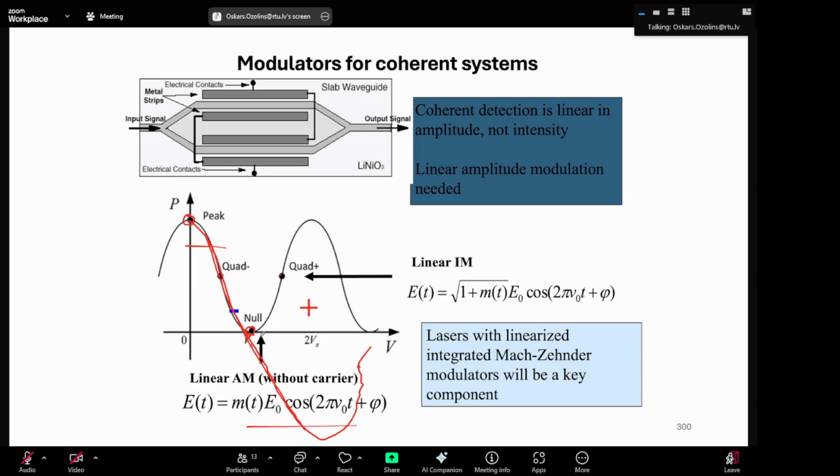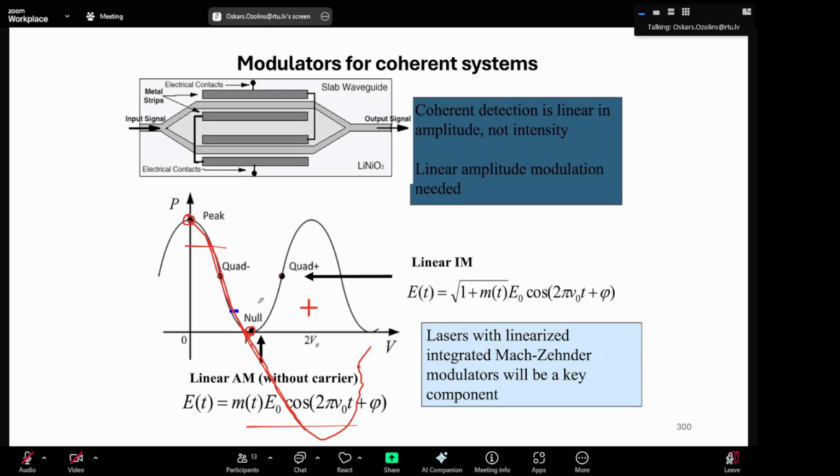The problem there is that it inherently has a lot of insertion loss. When you use intensity modulation only, you can lose half of the power, like the 3 dB point. But then you need to lose more power if you go to the zero point.